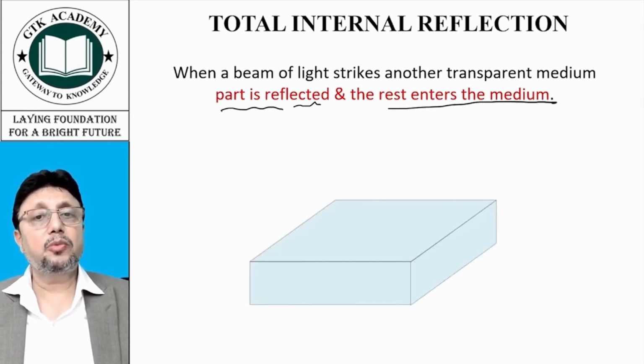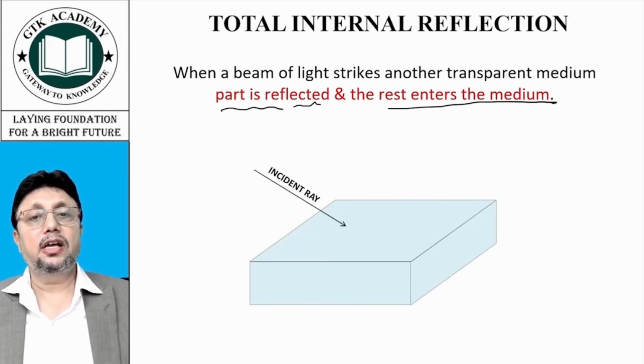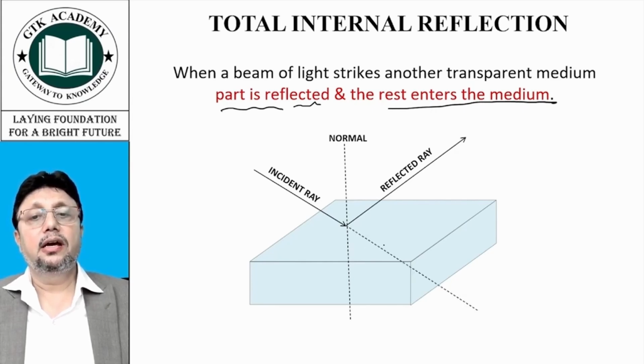For example, this is a glass block, a transparent glass block. A light ray is incident on this glass block. We draw a normal here. The ray is reflected. This is the reflected ray. And when it enters the medium, it changes direction.